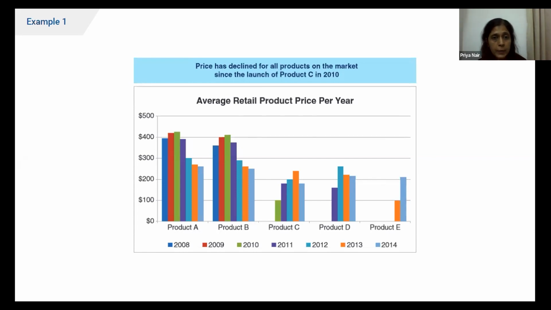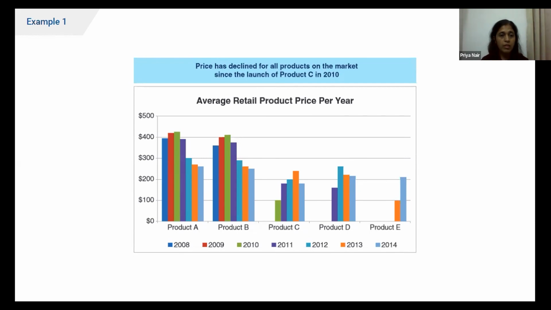This graph is showing the average retail price of products per year, right? There are 5 products, and we have the prices from 2008 to 2014. And there's a title in this graph which says that price has declined for all products on the market since the launch of product C in 2010.